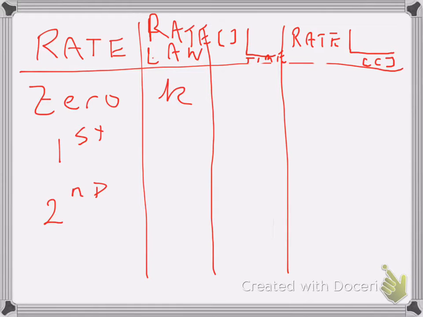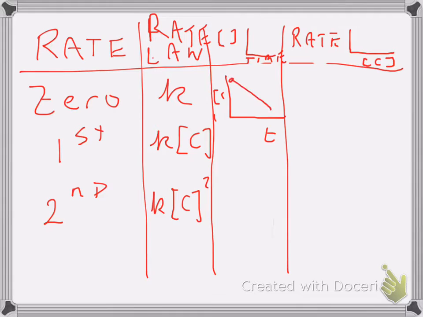So the rate law for zero order is k. The rate law for the first order is k times the concentration to the first power, and for the second it is the power 2, right? So it seems reasonable given second order you'd have that power 2. And if we look at the concentration versus time for zero order, we see a nice straight line with the slope minus k.